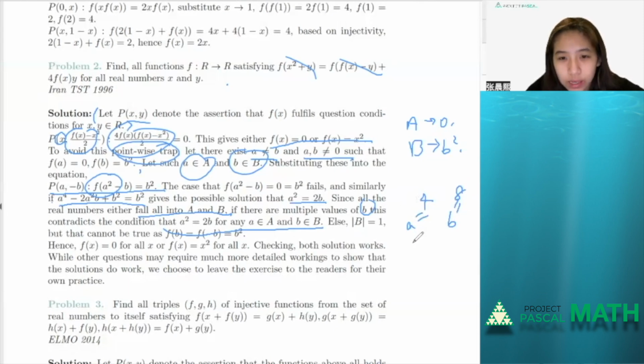So a belongs to set A, b belongs to set B. But then if you have another value like say 1 inside set B, it doesn't fulfill the condition that a squared equals to 2b.